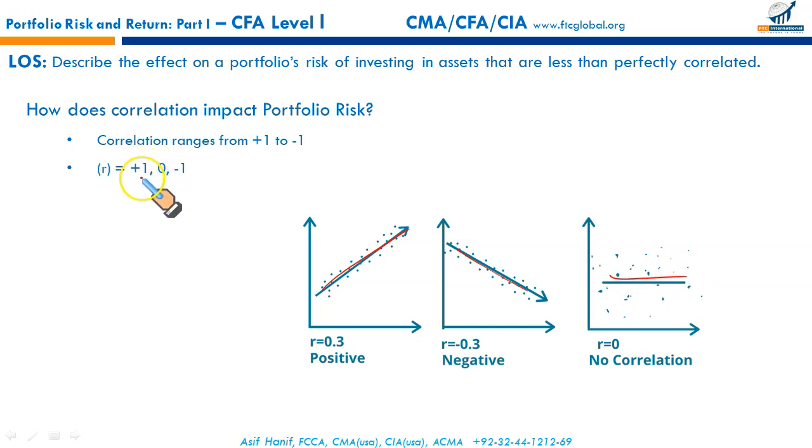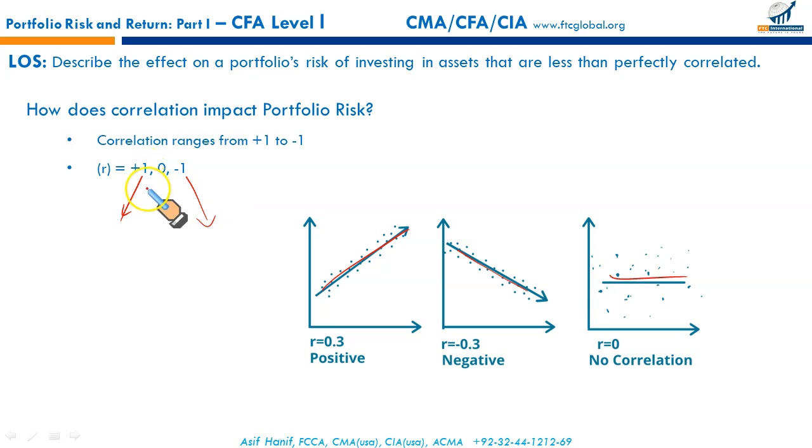When the coefficient of correlation is +1, the risk is unaffected. No diversification benefit arises. But when the correlation coefficient is -1, the overall portfolio risk is eliminated. There is a maximum benefit of diversification.